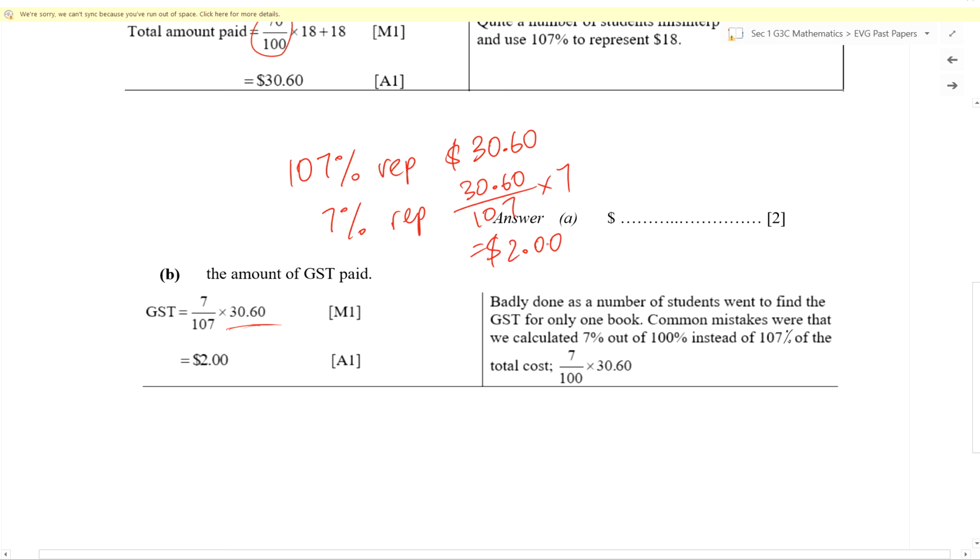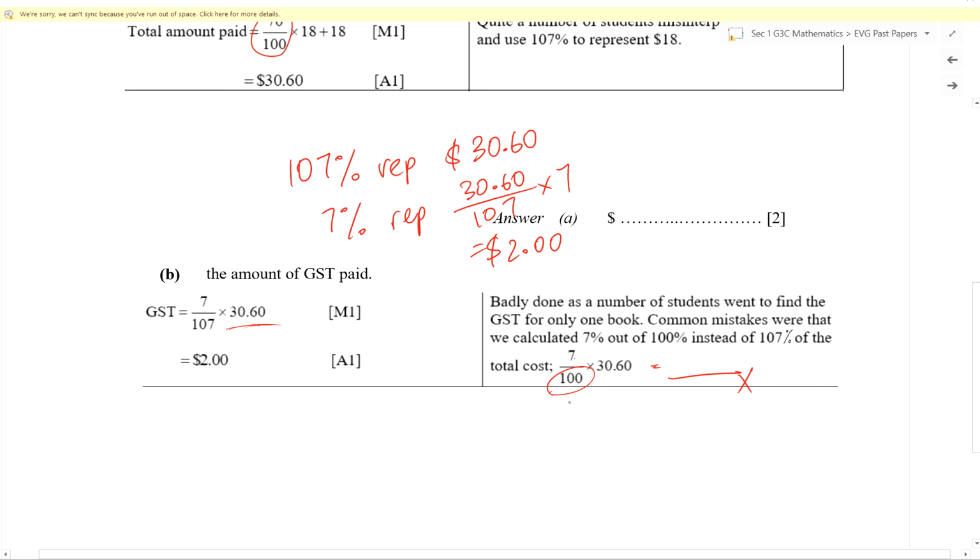What is the common mistake? The common mistake is 7 over 100. Is that you? Okay, just be honest with me. How many of you actually did this? 7 over 100. If you did 7 over 100 times 30.6, you will get a different value, and that is not correct. The difference is this denominator.